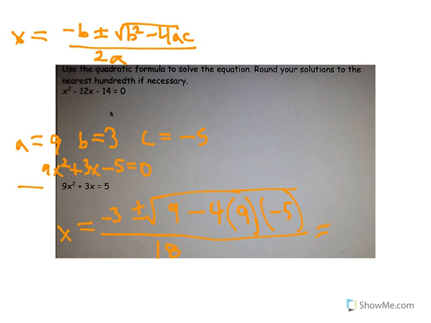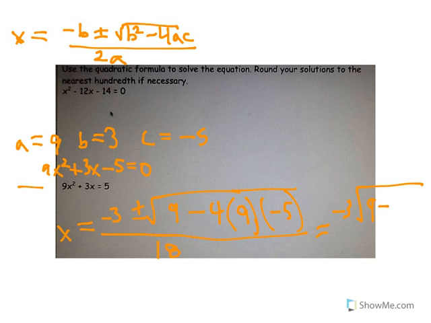So what's that equal to? It's going to be equal to negative 3, then under here, it's going to be 9 minus, that's going to end up being plus, but 4 times 9 is 36. 36 times 5 is 150 plus 30, which is 180.